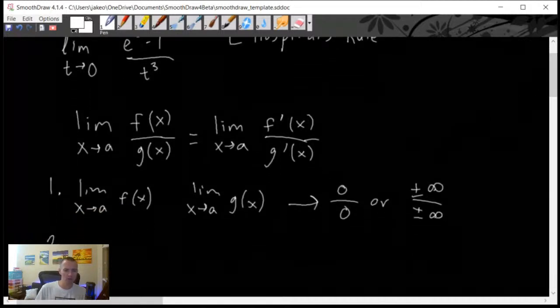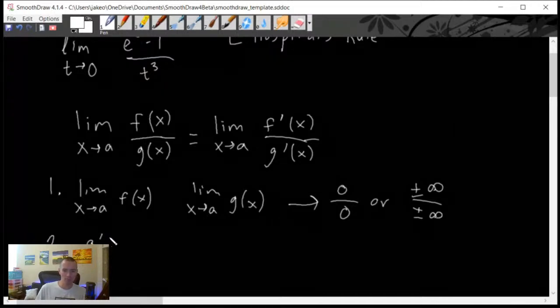The other condition that we need to make sure is met is that the derivative of the bottom of our function is not 0 near a.